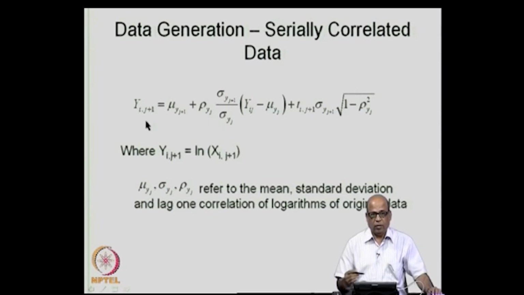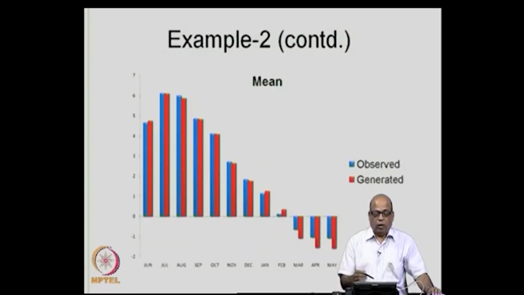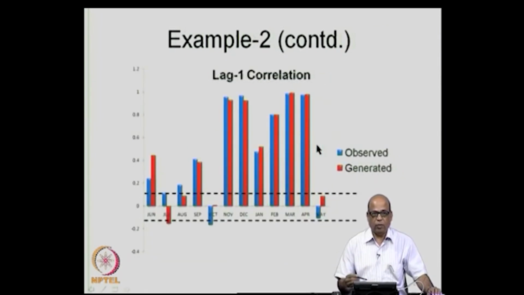Remember, we are generating log transformed data now. When we compare the means, standard deviations, etc., this is how it looks. The standard deviations appear like this and the lag 1 correlations appear like this.